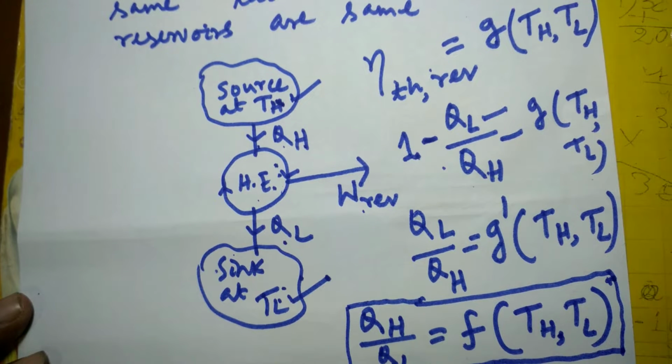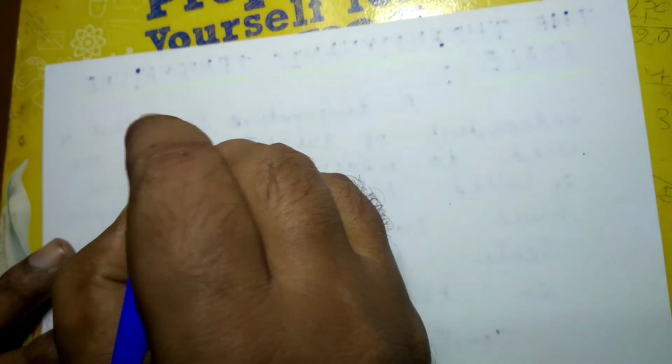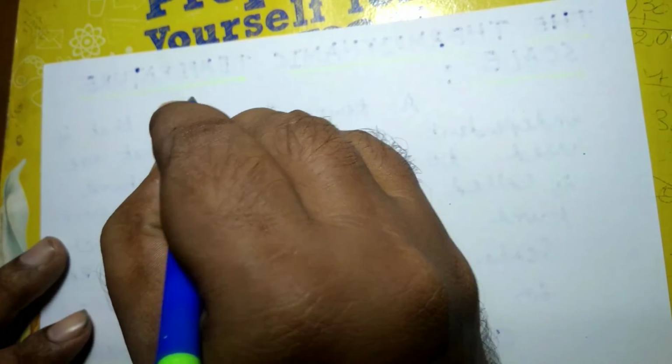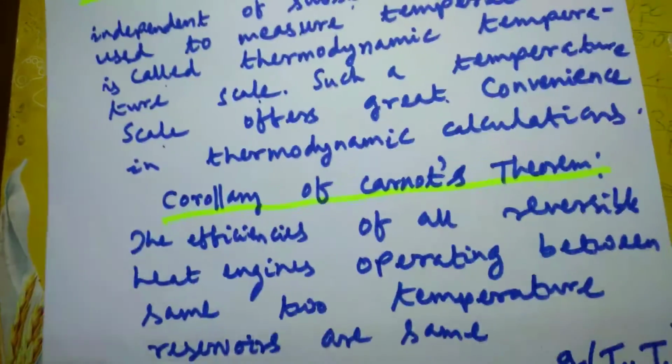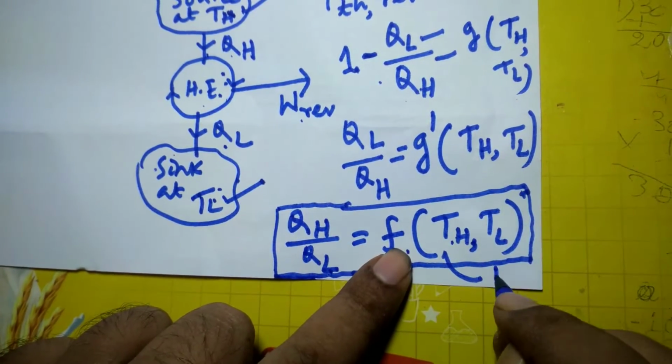The ratio of QH and QL is a function of TH and TL only. You can take this as equation 1.